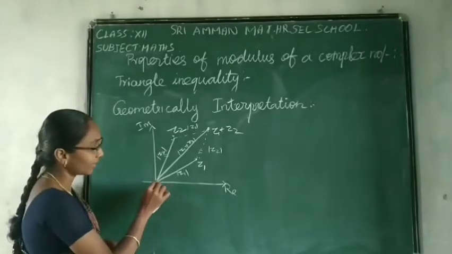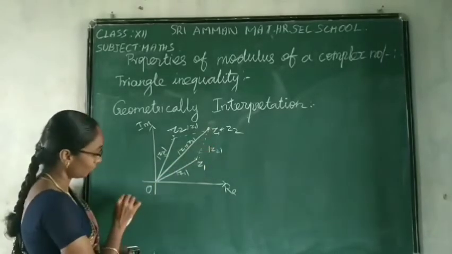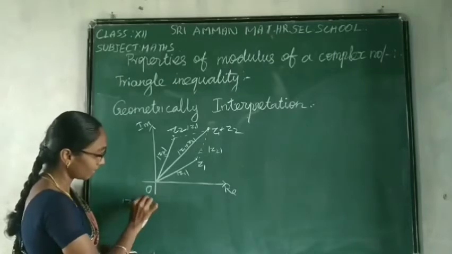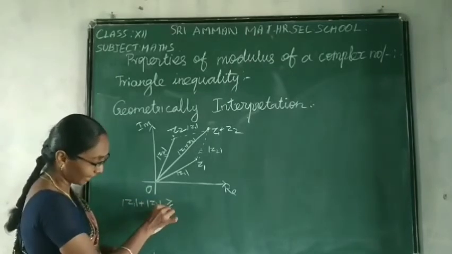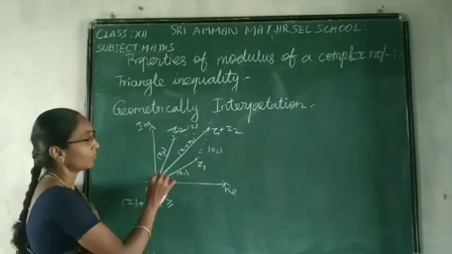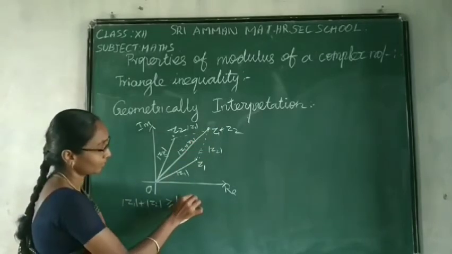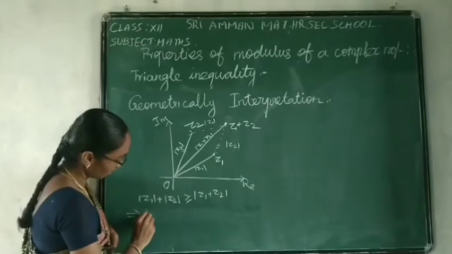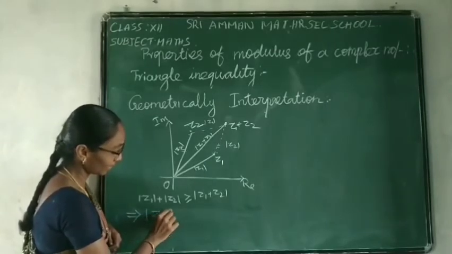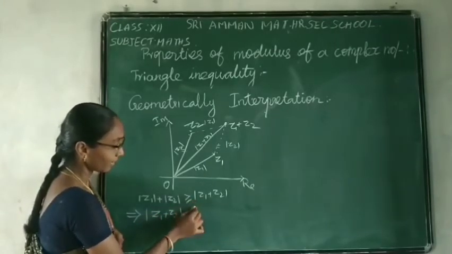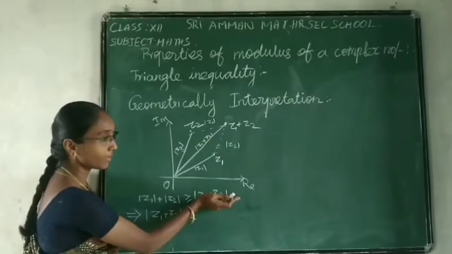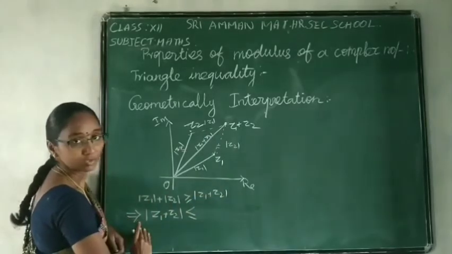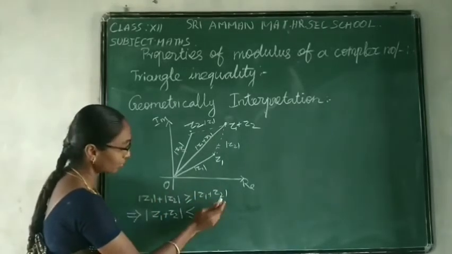Okay. So listen here. I added these two sides. So modulus of Z1 plus modulus of Z2 is greater than or equal to modulus of Z1 plus Z2, which implies modulus of Z1 plus Z2 is less than or equal to this. This part comes to the right hand side, and this one goes to the left hand side.